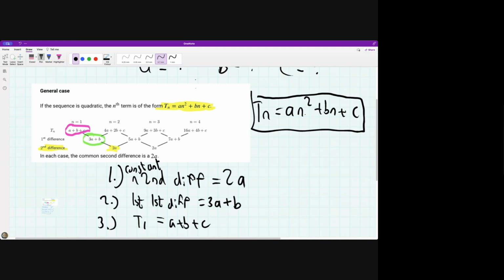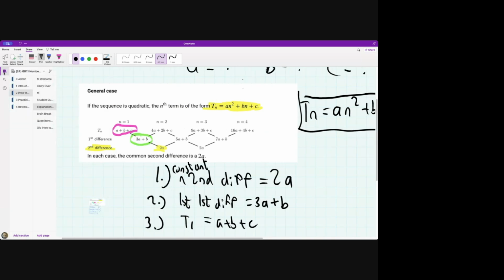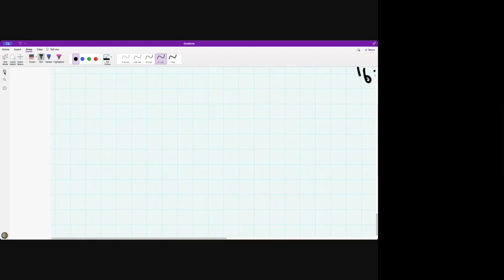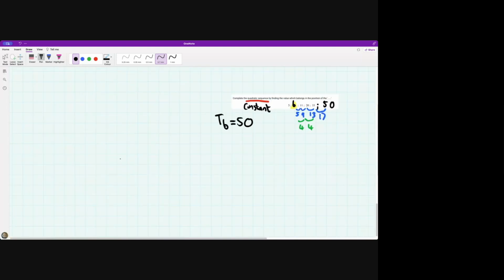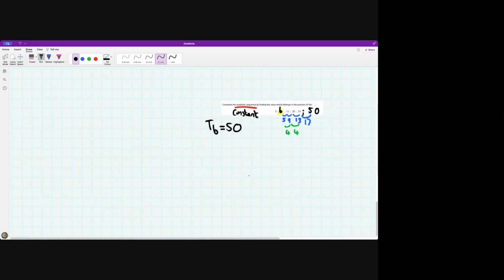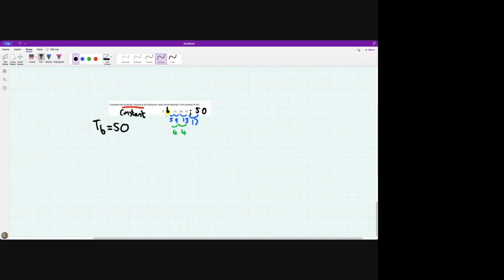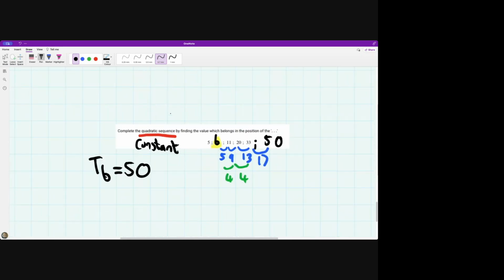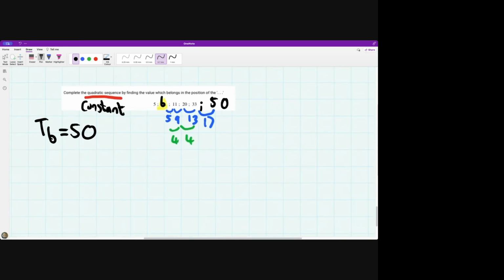Give me a thumbs up if you've written down my 3-step plan. Okay, ladies and gentlemen, let the magic begin. So, if we go back to this number pattern that we have just done, you were exploring this.